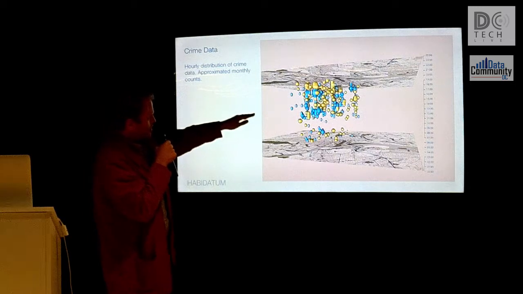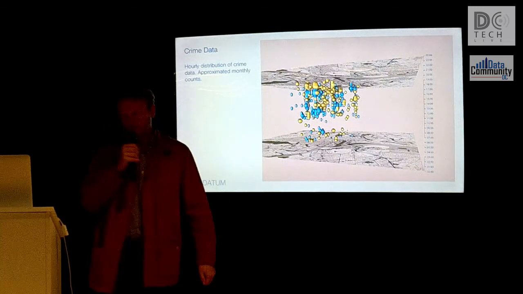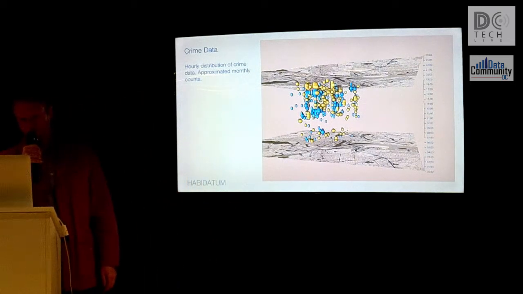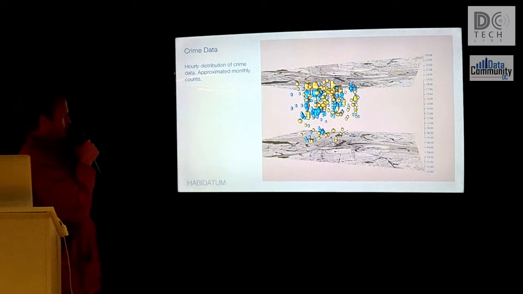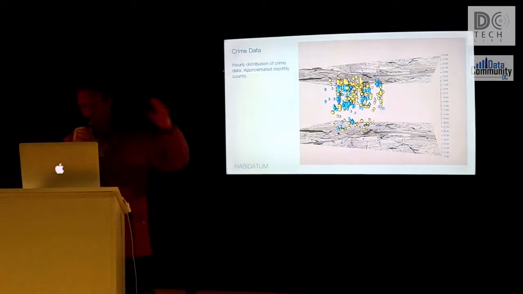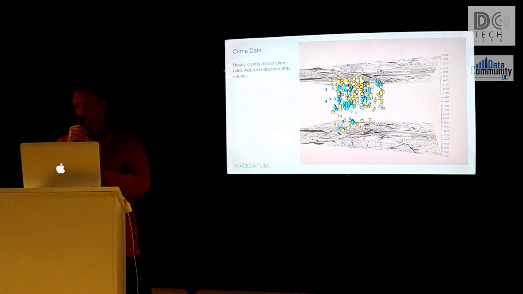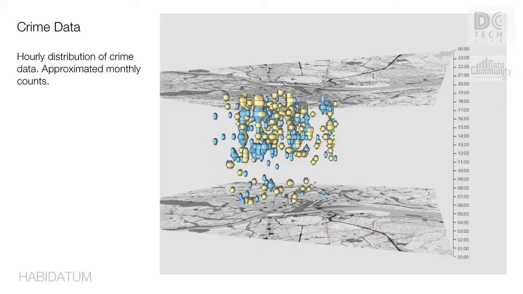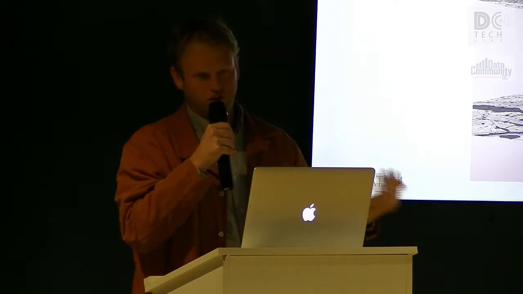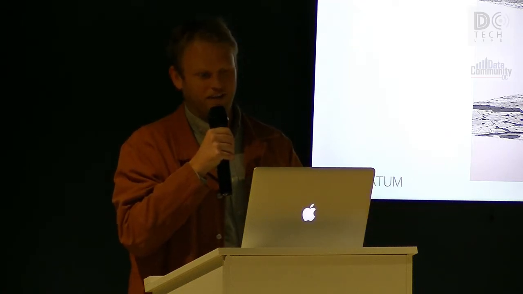Here in blue, I believe, is June, and in yellow is January. We approximated all the days in the given month and then aggregated them down to their distribution across the day. So you can see when crime is beginning earlier and later in the day, which could have to do with heat or daylight savings time or a variety of things.